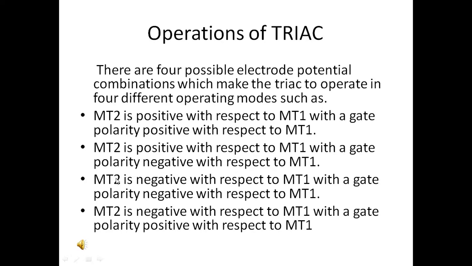Next is MT2 negative with respect to MT1, with gate polarity negative with respect to MT1 terminal. And the last mode of operation is MT2 negative with respect to MT1, with gate polarity positive with respect to MT1.